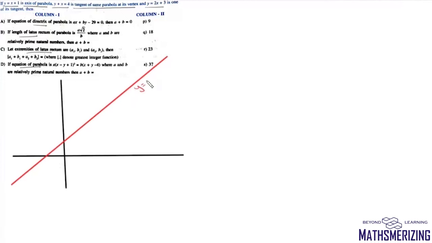This is y equals x plus 1, which is the axis of the parabola, and then we have y plus x equals 4, which is the tangent at the vertex, and then we have this parabola.